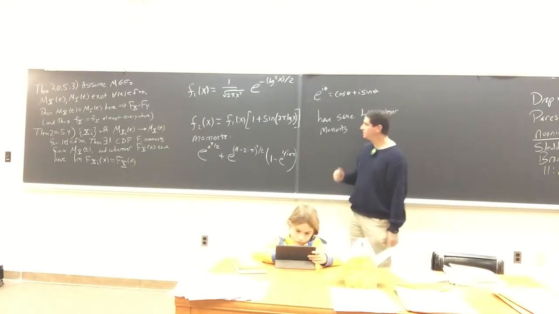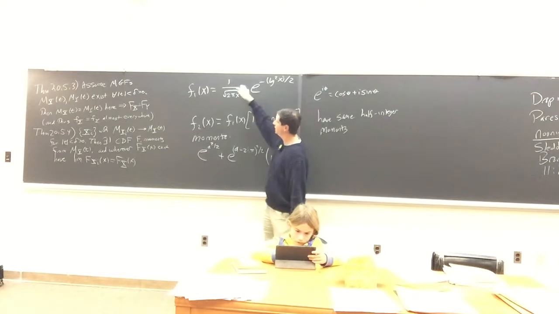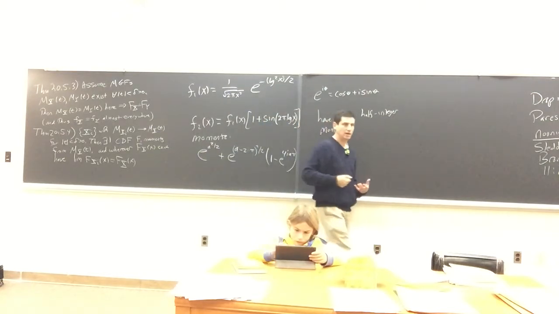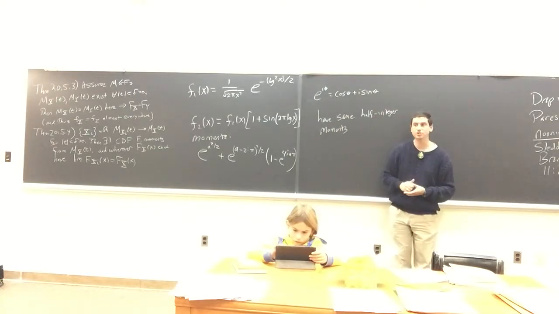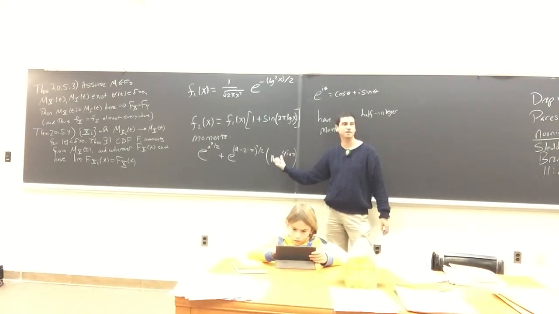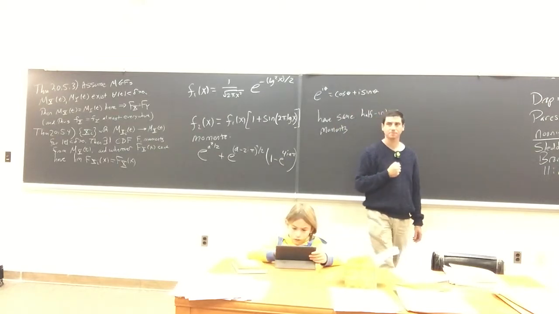Now, I'm not going to write down what the moments are of f1. I'll say that they are also equal to e to the a squared over 2 when a is an integer or half integer. But they differ for other values. And it's just because over here, this factor nicely vanishes. In general, you're going to have to worry about it.